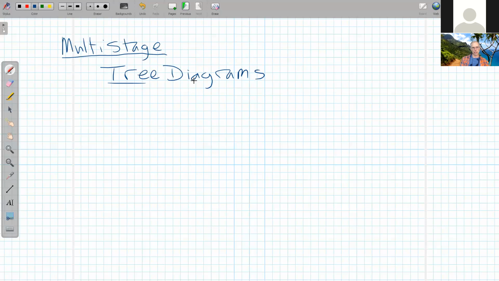And then there's one big idea I still want to look at with respect to multi-stage probabilities that I haven't talked about yet, but hopefully you read about it, and it's the idea of independence of events. And I got a couple of cases we can look at the idea of independence. So before we do that, we're just going to play with another tree diagram situation. I'm just going to bring up an example.